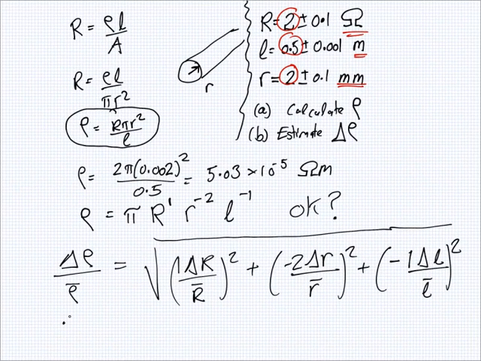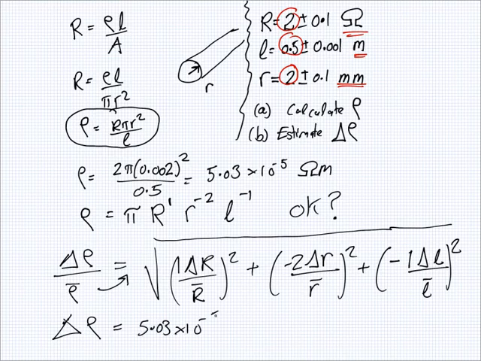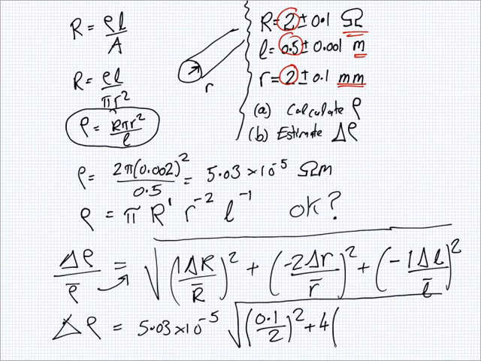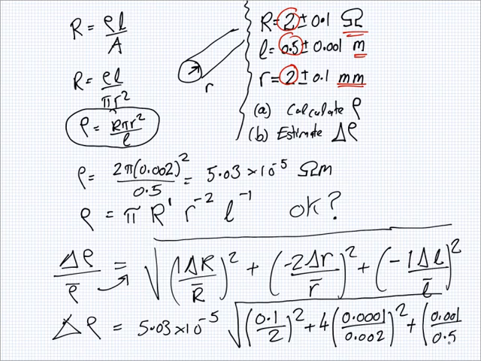So you get, if you want to bring this up to the right, uncertainty of resistivity equals 5.03 times 10 to the minus 5, big square root, 0.1 over 2 squared plus 4 times 0.0001 over 0.002 squared plus 0.001 over 0.5 squared.